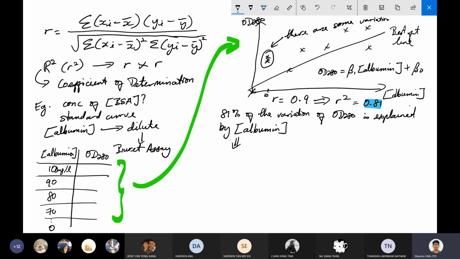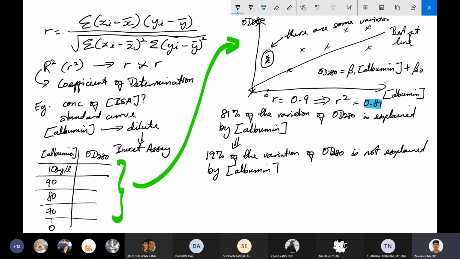So this also means that you have 19% of the variation of the y-axis, OD280, is not explained by your x-axis. And quite importantly, this 19% will include all the errors.